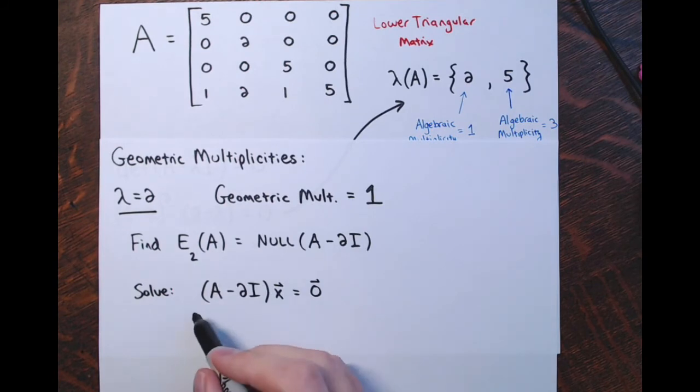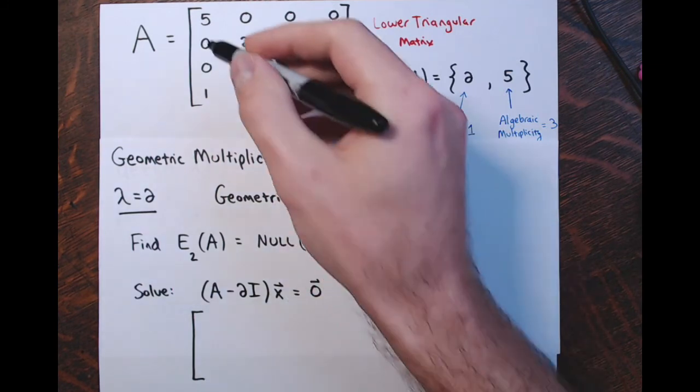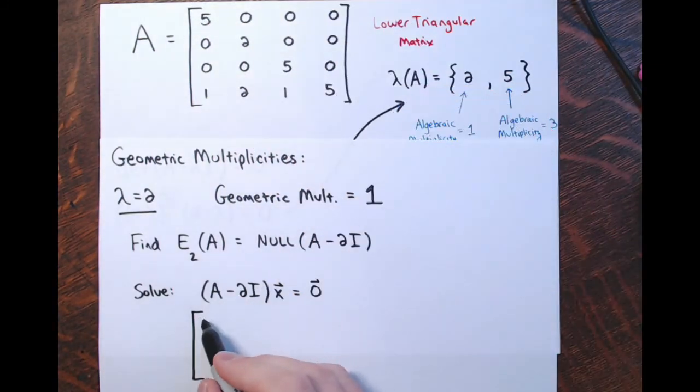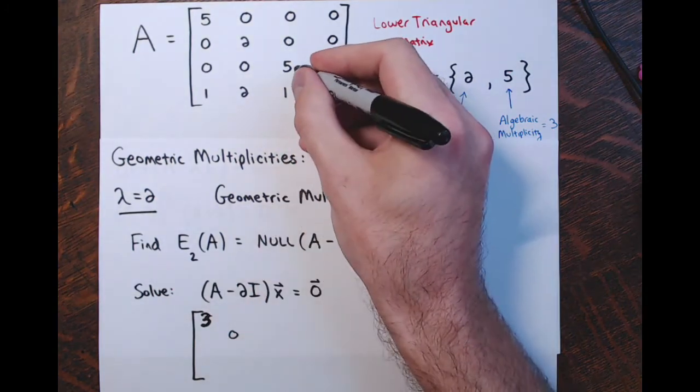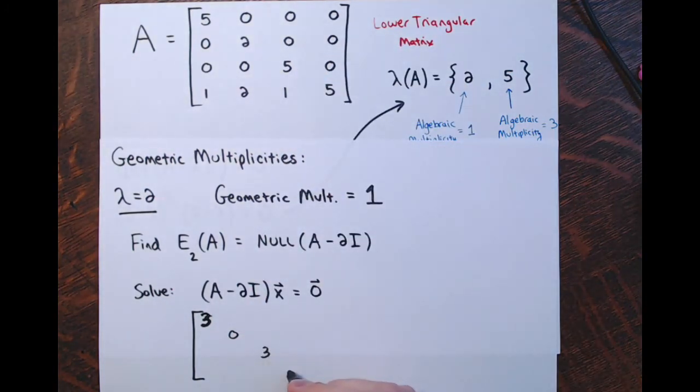Alright, so what does A minus 2I look like? It's just subtracting 2 down the main diagonal. So we've got 3, 0, 3 and 3. And then every other entry remains the same.